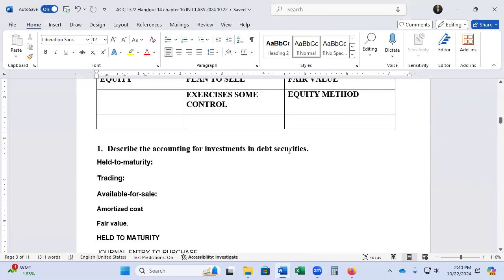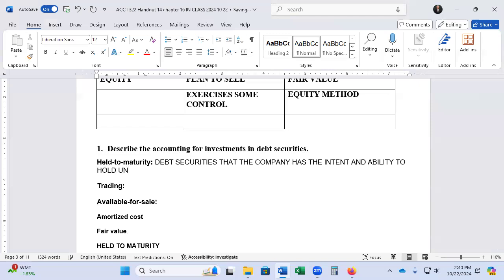Okay, we've got accounting for investments in debt securities. And so held to maturity, what does that mean? That means debt securities the company has the intent and ability to hold until maturity.